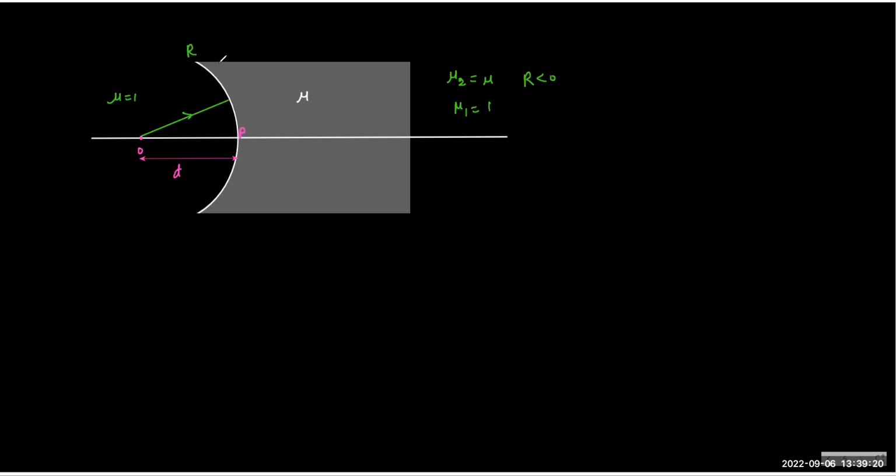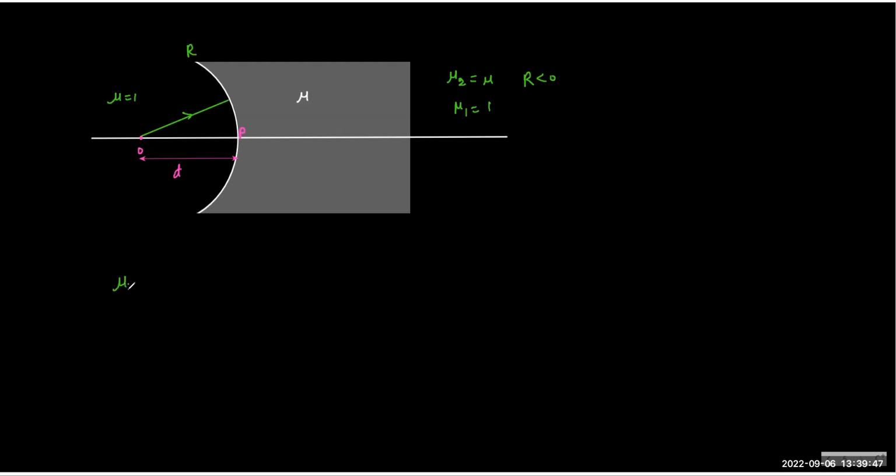When we are not aware of the sign, we just keep it R. And when we know R, we have to put it with sign. So in the formula R is a symbol, and here R is a value. What you need to understand is the symbols are without sign, the values are with sign if you know, and if you don't know, you just keep it as a symbol.